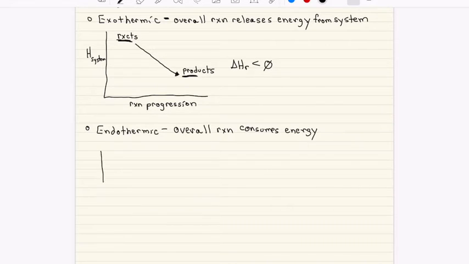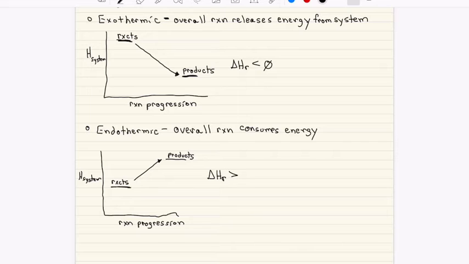If we draw the same plot, with the enthalpy of the system and the reaction progression or reaction timer, our reactants start with some value of the enthalpy. As the reaction proceeds and we form products, those products are going to have a higher enthalpy value than the reactants. And so our delta H of R is going to be positive, or greater than 0.